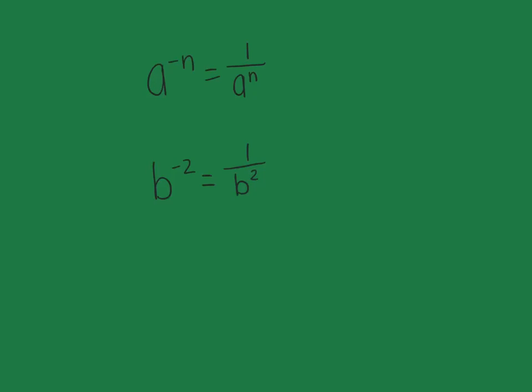The reason why this rule works is when we are talking about exponents, normally an exponent would tell us how many times we multiply a certain number or variable. But if we have a negative exponent, that's the opposite of a positive exponent.